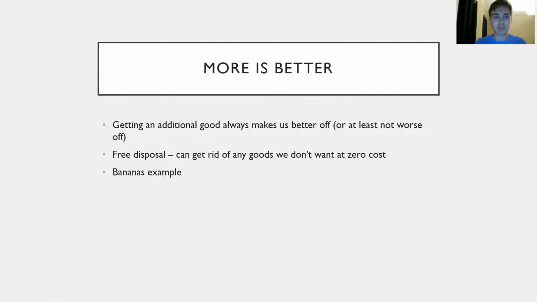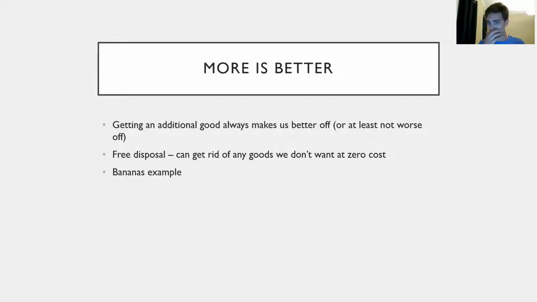So I'll make the assumption that all of you have some liking for bananas, although maybe you don't. So pretend like you like bananas for now, or choose a different good that you do like. And so if you're given 1 banana, that will make you happier, better off. So each banana you get will continue to make you better off.